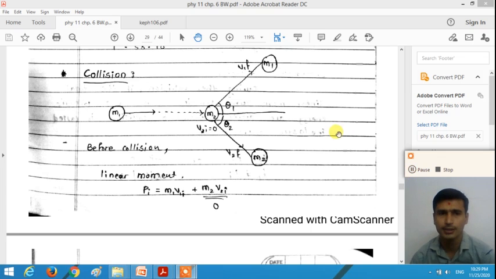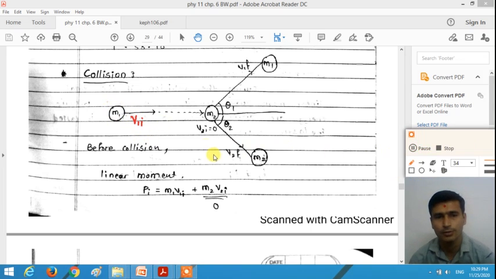For that, consider two bodies having masses m1 and m2 moving with some initial velocity. Consider an object of mass m1 moving with some initial velocity v1I, colliding with another object of mass m2 which is stationary.